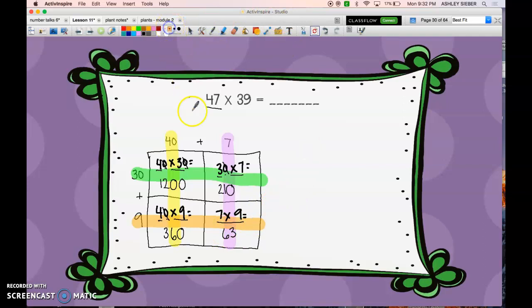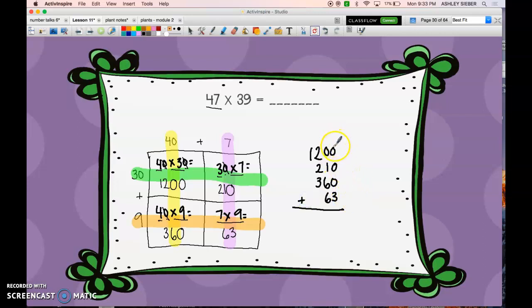Now I'm ready to add all of my partial products. 1,200 plus 210 plus 360 plus 63. 1,200. 210, making sure my hundreds place stays in line with my hundreds place, my tens and ones respectively. 360 and 63.